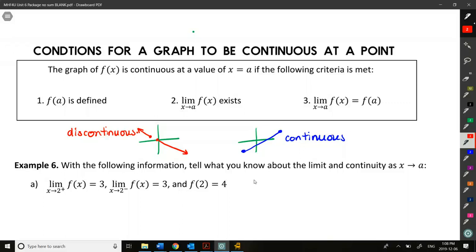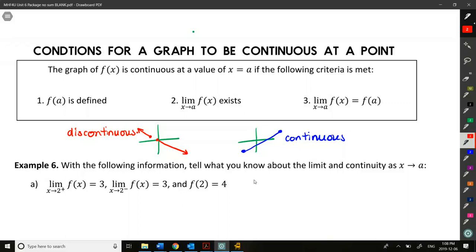When do I know if a limit exists? What are the conditions that need to be met for a limit to exist? Left and right limits exist and are equal, right?